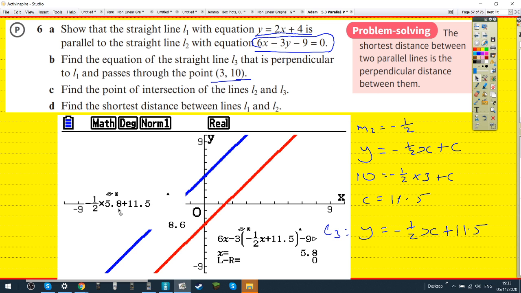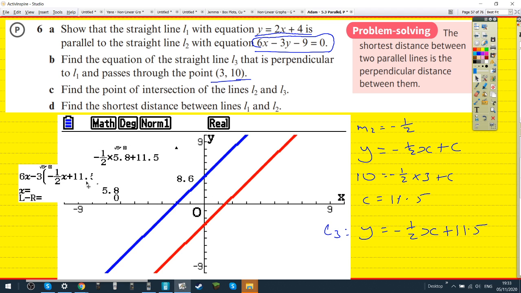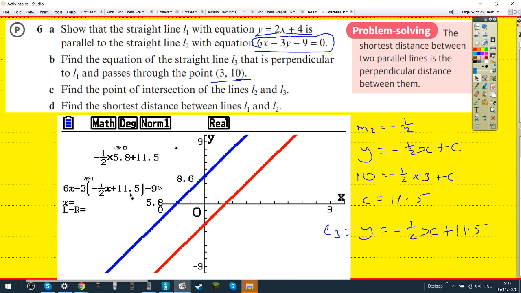And so how do we use that point, 5.8, 8.6, to get the perpendicular distance between these lines? Okay. We'd use Pythagoras' theorem. Yeah, with which two coordinates? 5.8 and 8.6, that's one pair of coordinates. Oh yeah, would it be 5.8, 8.6, and 3, 10? Very good. Yeah. Okay.